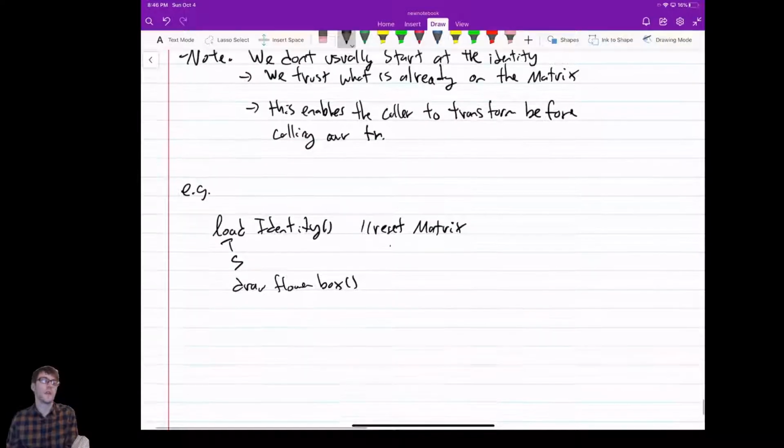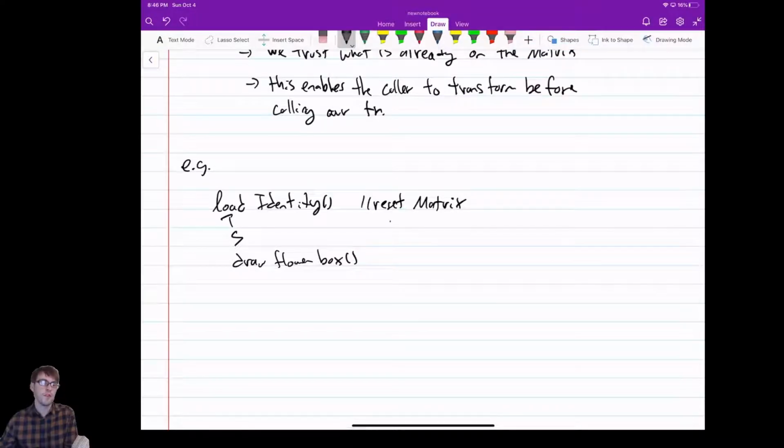We have this freedom now. So this whole approach of hierarchical modeling really simplifies the coding problem, okay? You break your object into some hierarchy, you draw each component without worrying about how it was used. You let the calling function do transforms before calling you to position, scale, and rotate you, and then use the matrix stack to manage your state. So this really simplifies the problem. Okay, that's hierarchical modeling.